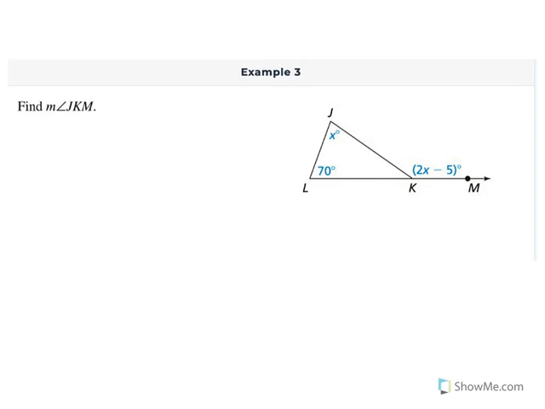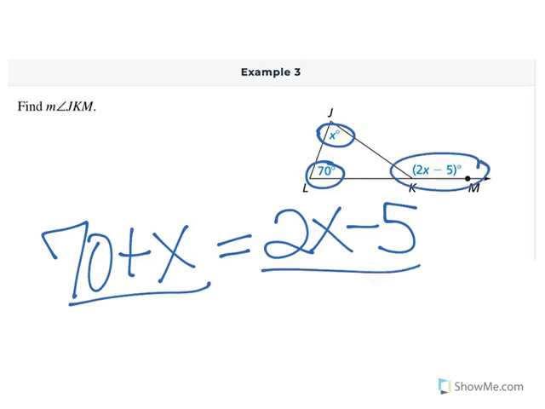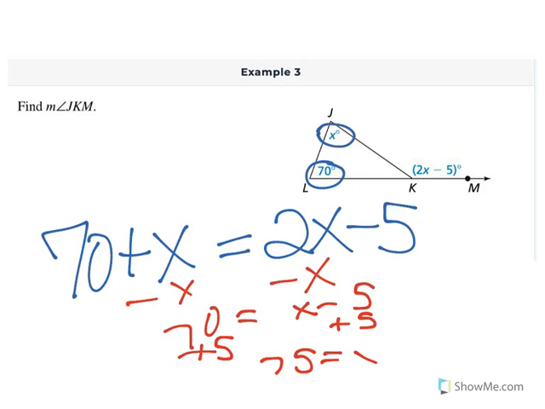And so we can set up an equation: 70 plus x equals that other one outside. And then solve for x. So we'll subtract x: 70 equals x minus 5. Add 5. Yes, you could have done that in a different order, of course. And so 75 equals x.